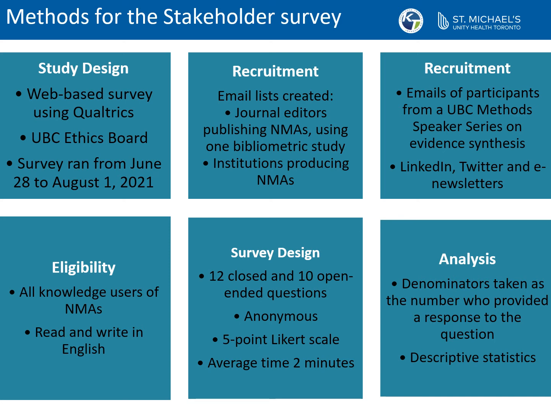We also advertised through social media. We invited anybody basically to take our survey, and we included 12 closed and 10 open-ended questions which were anonymous. The average time to take the survey was 2 minutes, and denominators were taken as the number who provided a response to the question.